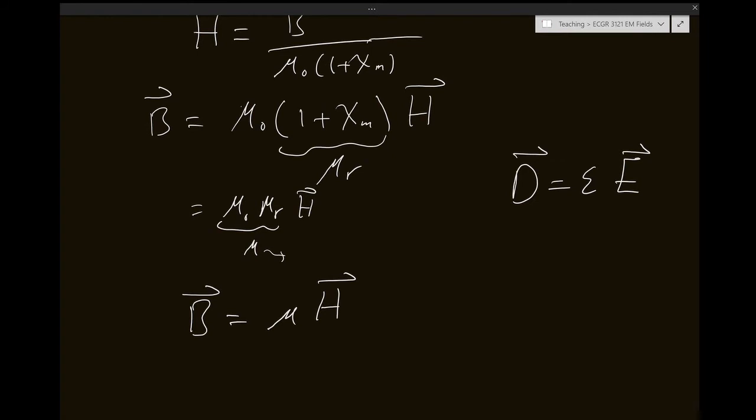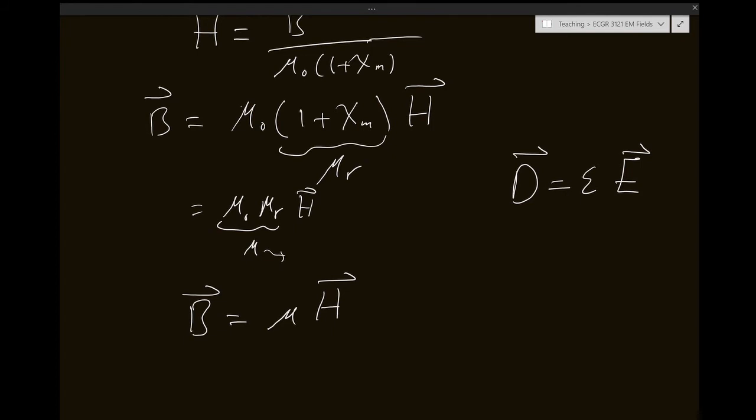The main difference between the electrostatic case and the magnetostatic case arises solely because we represented the effect of the medium in the electrostatic case by dipoles, charges that are a certain distance apart, while in the magnetostatic case, we represented the effect of the material magnetization by loops of current. So this causes the difference.